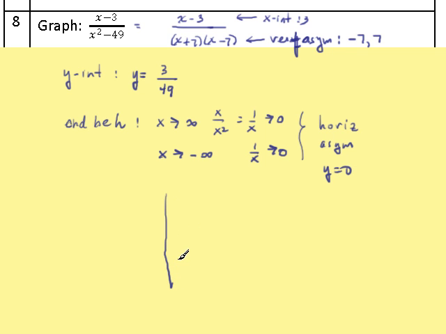All right, let's fill in the x-intercept 3, vertical asymptote 7, and -7.